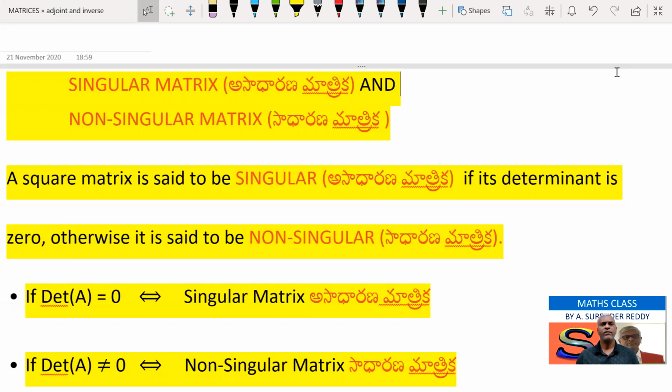First, let us look at singular matrix, asadharana matrika, and non-singular matrix, sadharana matrika.